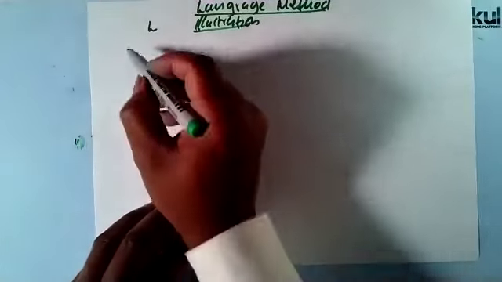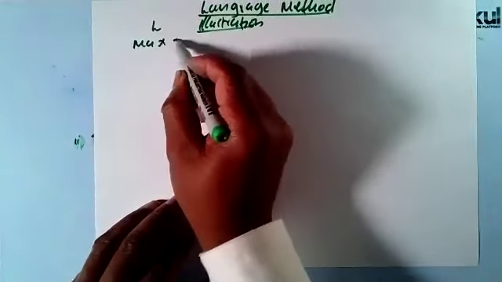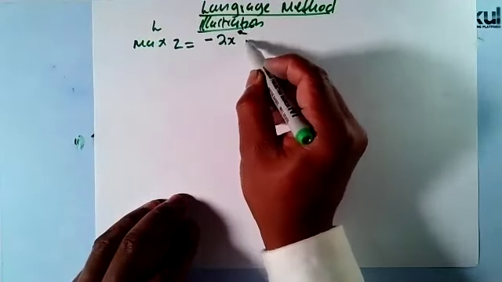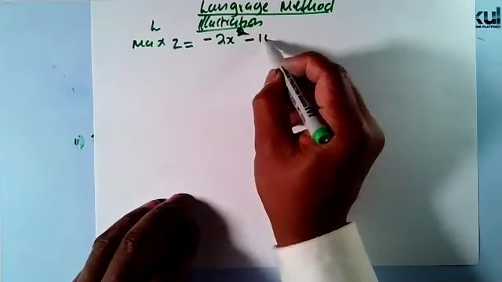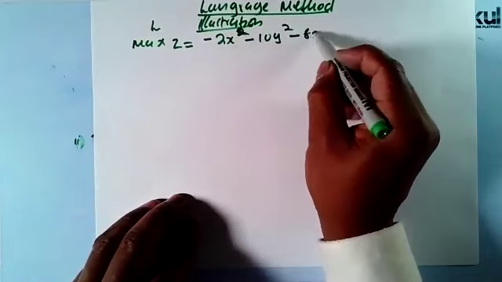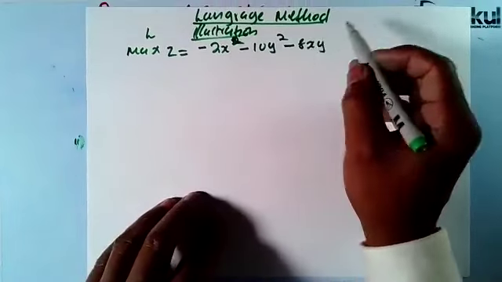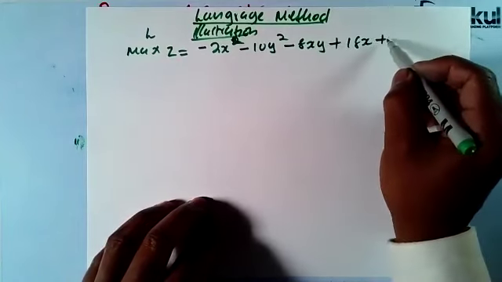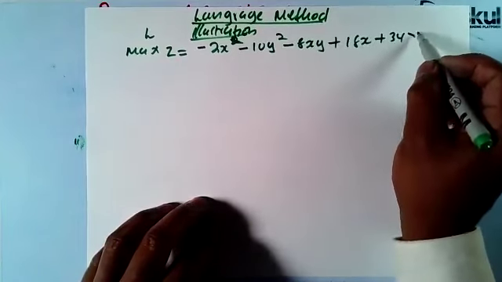So now, let me write that equation again. You are told that you need to maximize Z, which is negative 2x squared minus 10y squared minus 8xy. I am rewriting it again here, plus 18x plus 34y.